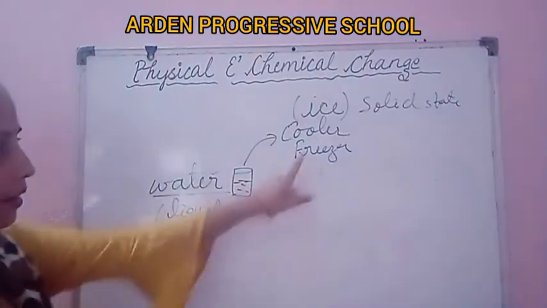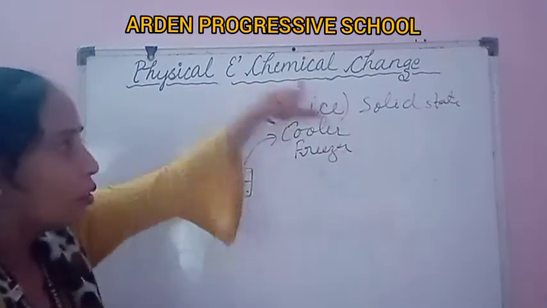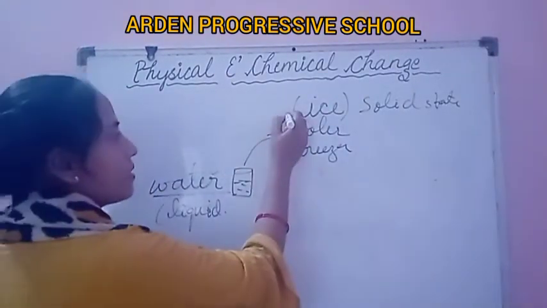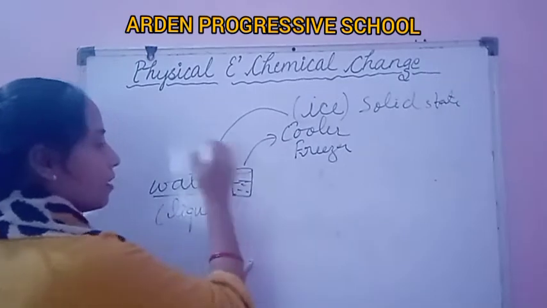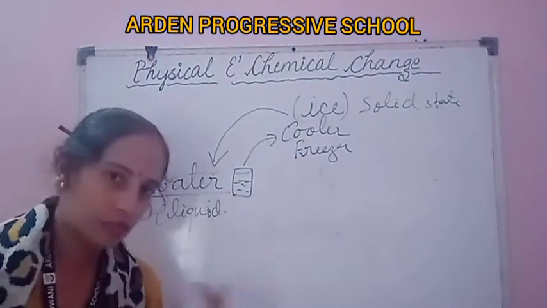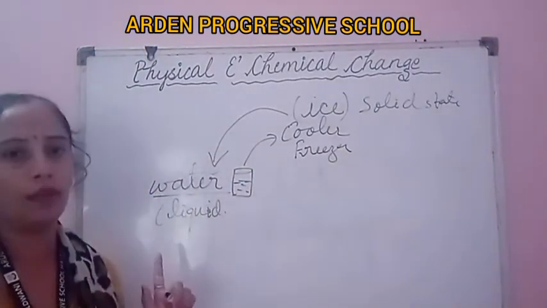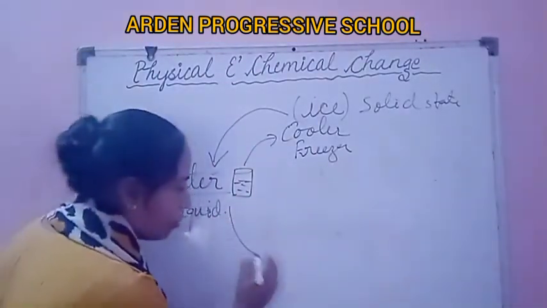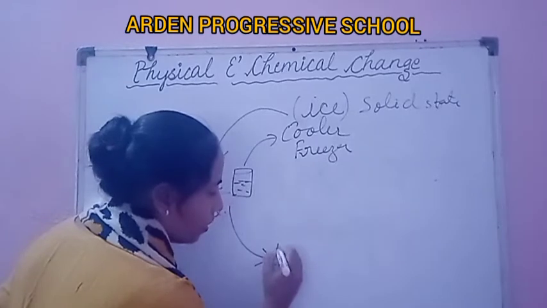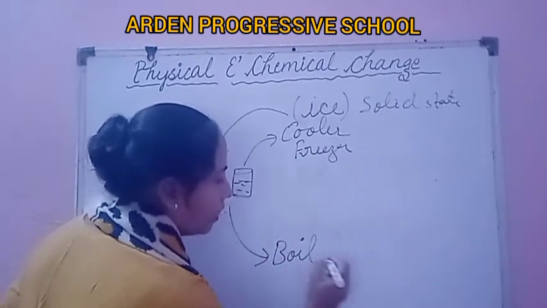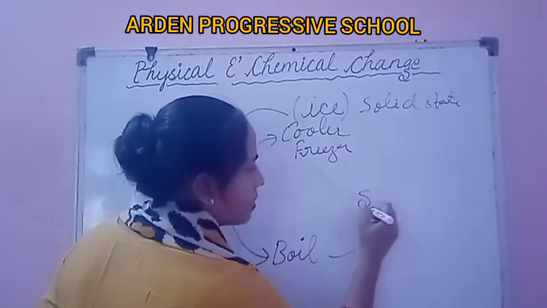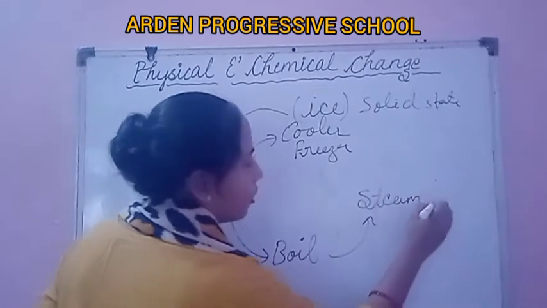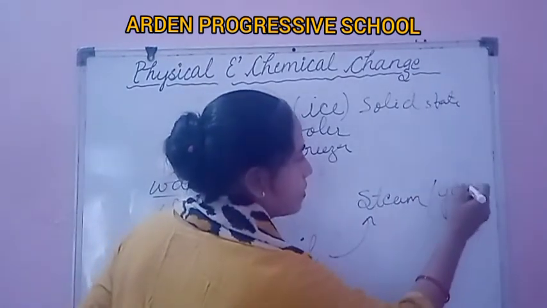Clear? And when we remove it from the freezer, it again changes into the liquid form. In this way it is reversible. And when we boil the water, it turns into steam, or you can say gaseous state.